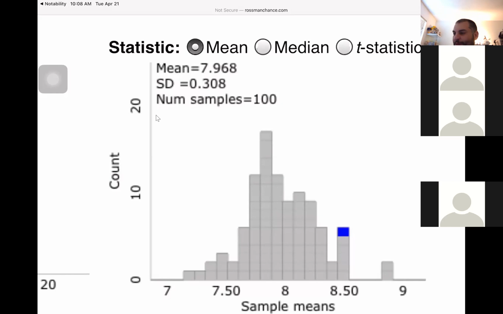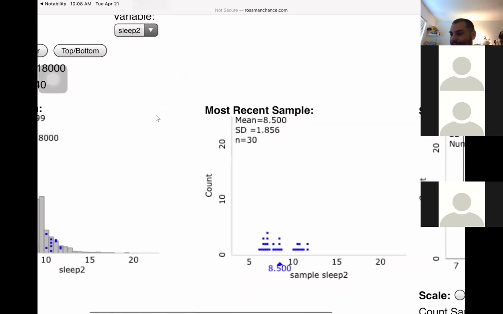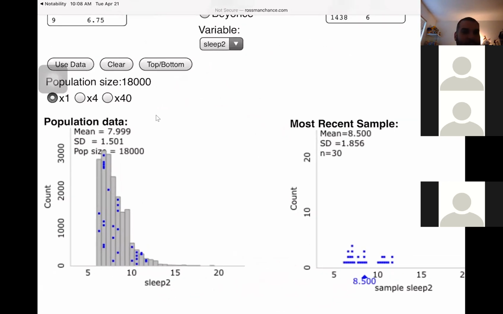I also want you to notice, if I look at the first one, where is the lowest number that we get? You can just guess, no shame in guessing.